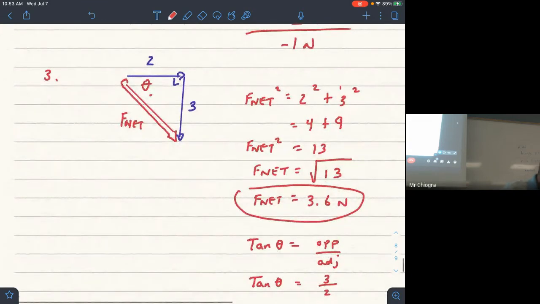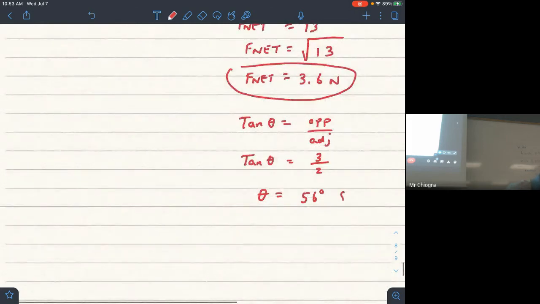Go back to it. Notice it's leaning to the south, right? Leaning down to the south. The other vector that makes up the angle is this purple vector here, the 2 vector. That's pointed towards the east. So it's south of east.